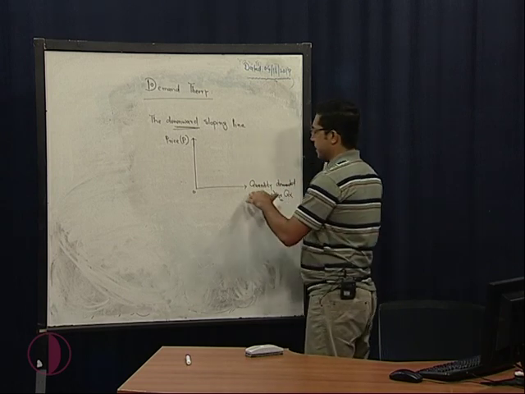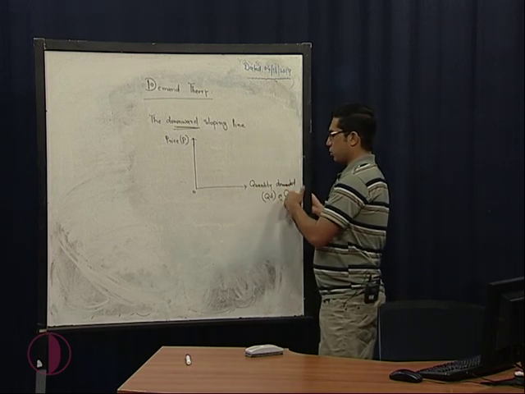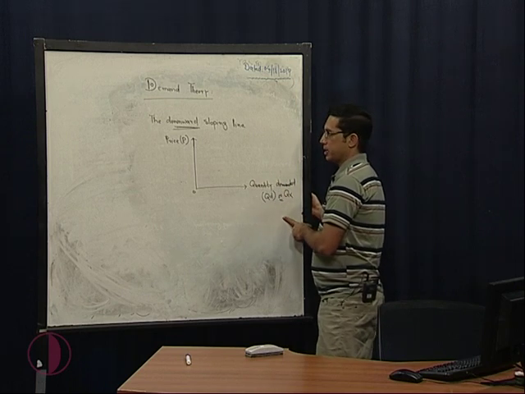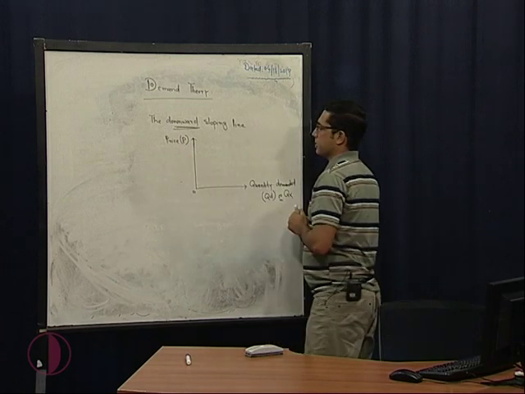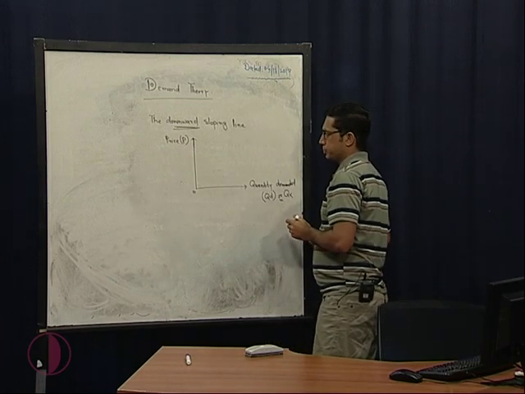So, on the horizontal axis we have quantity demanded of a particular commodity, and on the vertical axis we have price of the particular commodity.